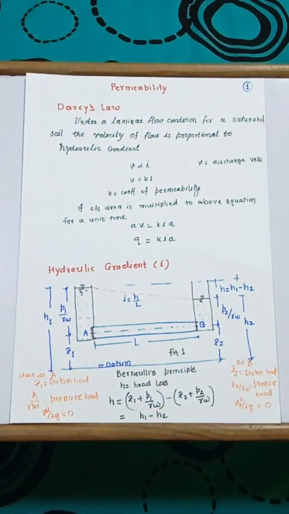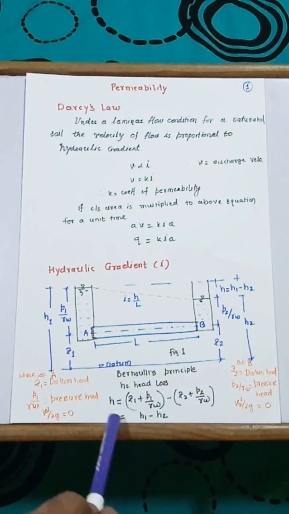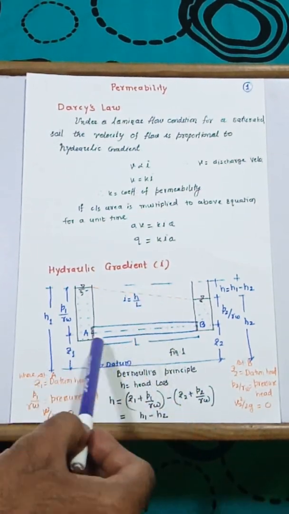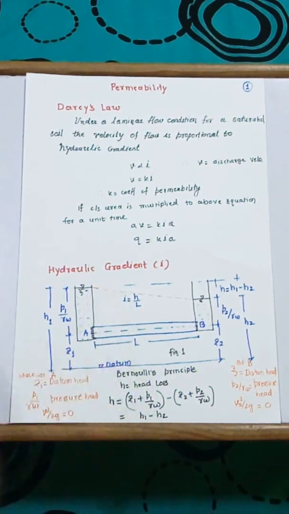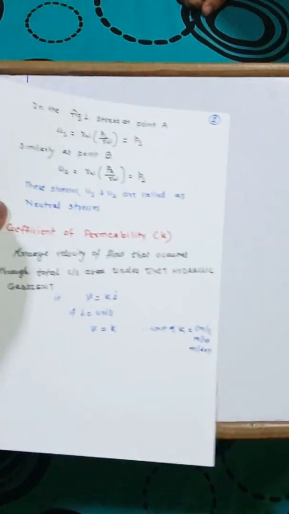So this is the head loss. This head loss h passes through the length L, and this ratio is called the hydraulic gradient i.